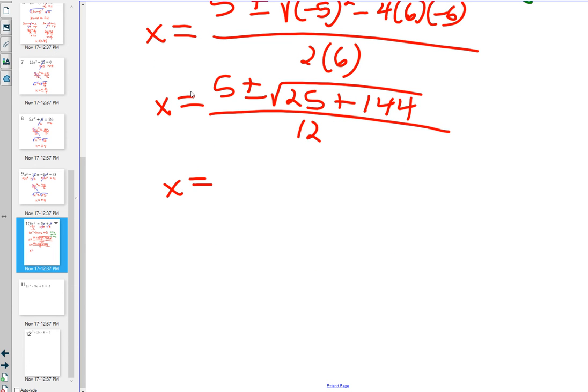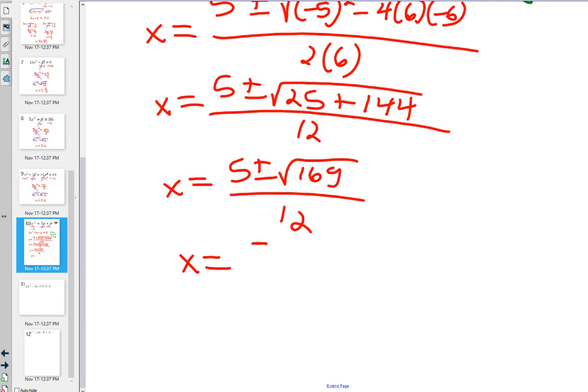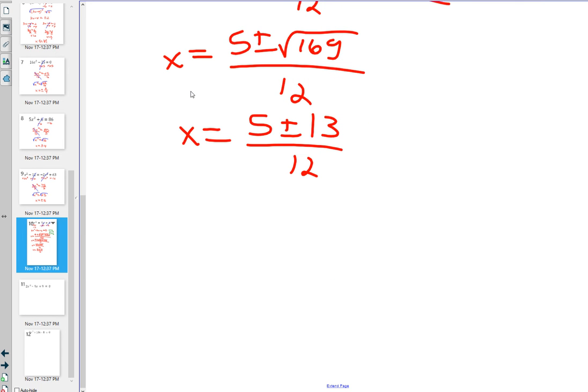X is equal to 5 plus or minus the square root of 169 over 12, which is 5 plus or minus 13 over 12. So I had a positive discriminant, so not only was I able to take the square root, but because it was perfect, I was also able to get rid of the square root. So since I don't have a square root anymore, once I get to the plus minus, I should split this.